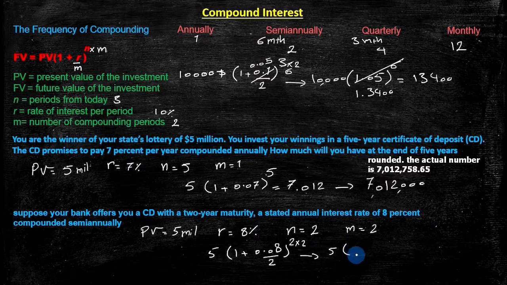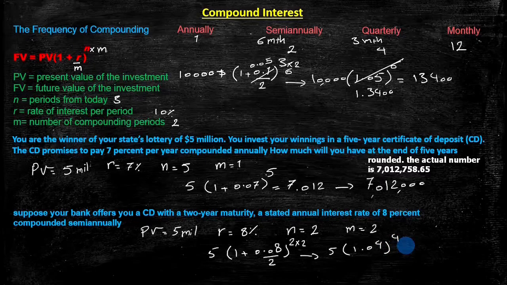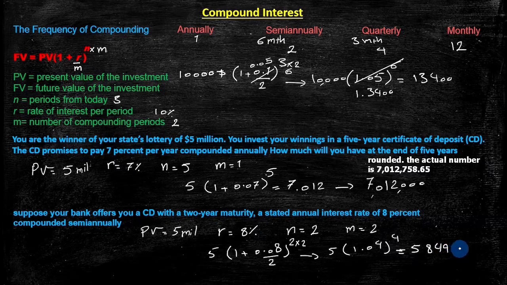Again, 5, 1 point. This becomes 0.4. 0.4 to the power of 4. Okay, calculator. That will be 5,849,292.